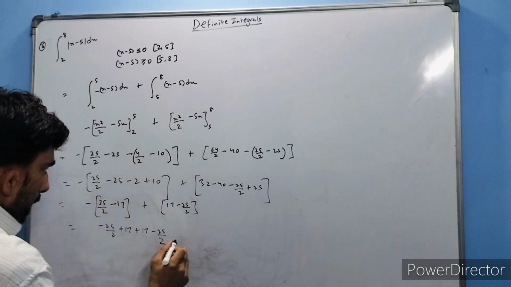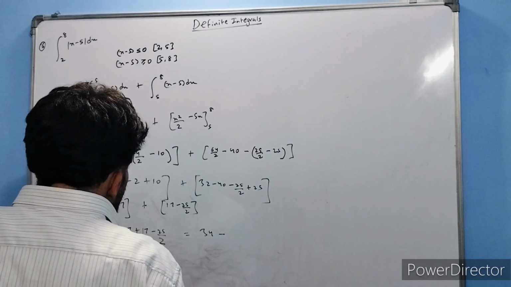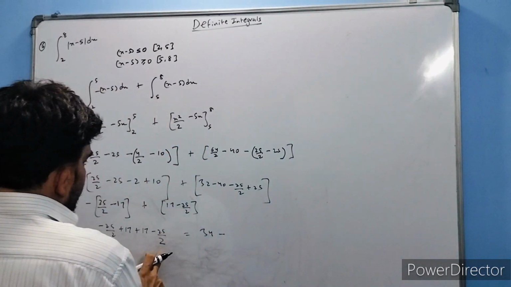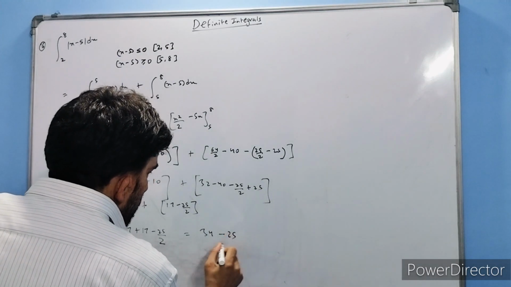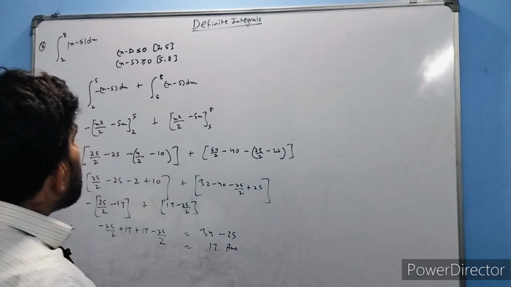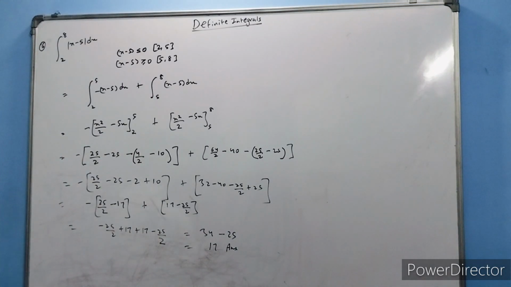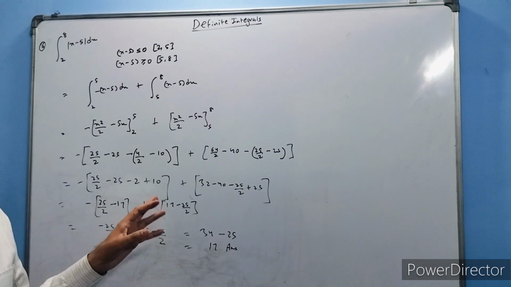So what I got here is 34 minus, if we add these, I got 50 by 2, that's 25. So now I got my answer 70. Okay, so that is how we are able to apply the property on evaluating definite integral.